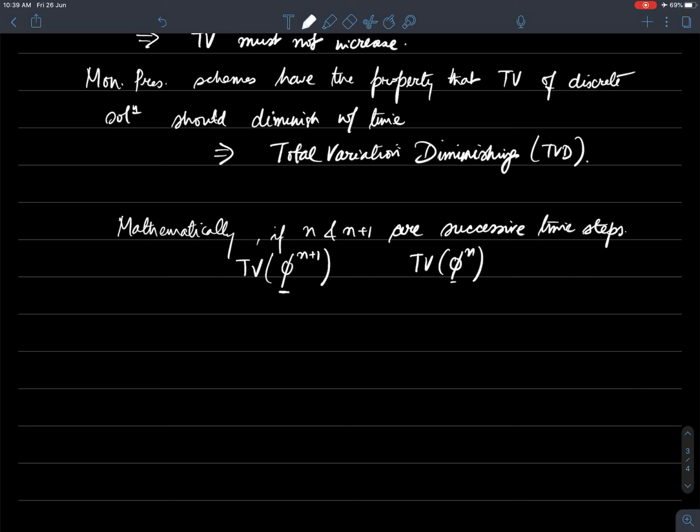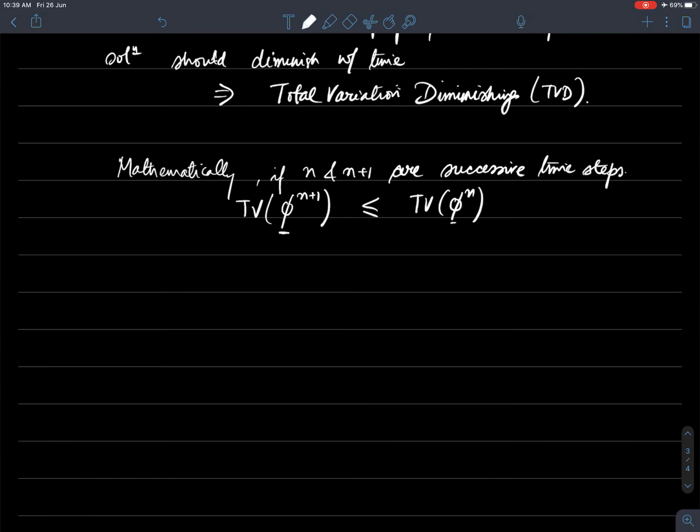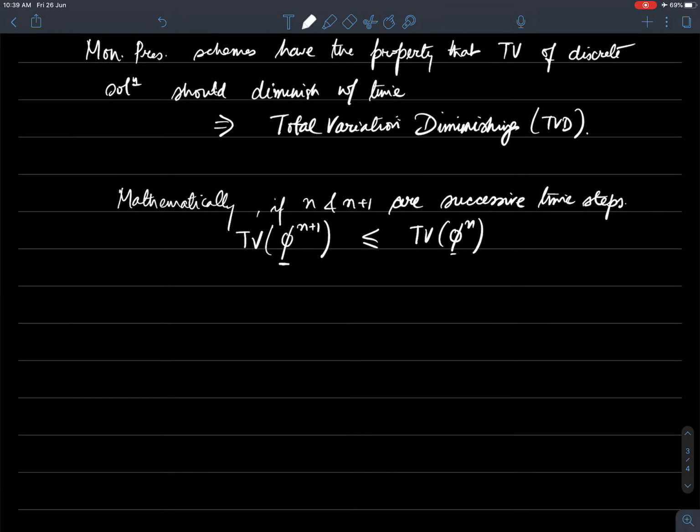These are not exponents, these are actually values at instances n plus 1 and n. So the total variation should be decreasing or at least be the same as you go ahead in time. So this is the property of these monotonicity preserving schemes. Now this is the mathematical background. Based on this idea, certain forms of the function psi, the flux limiter function, have been defined.